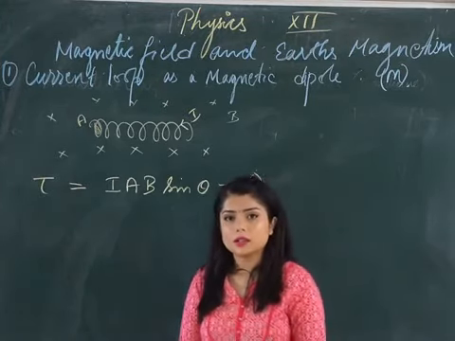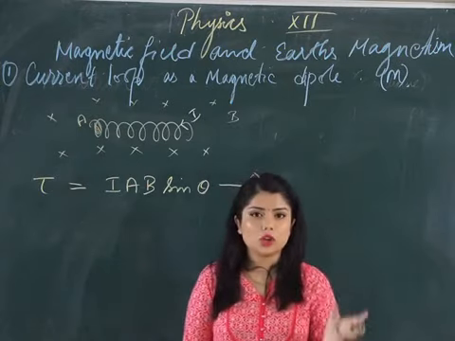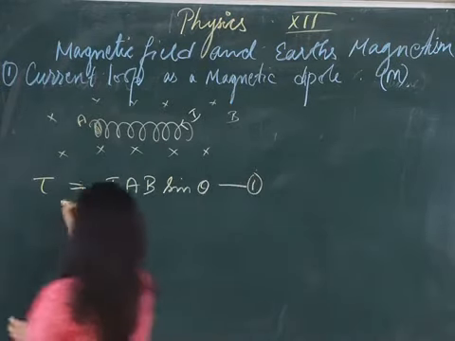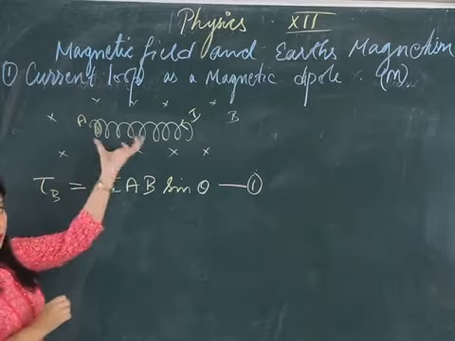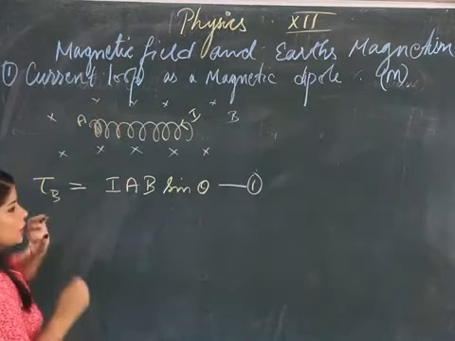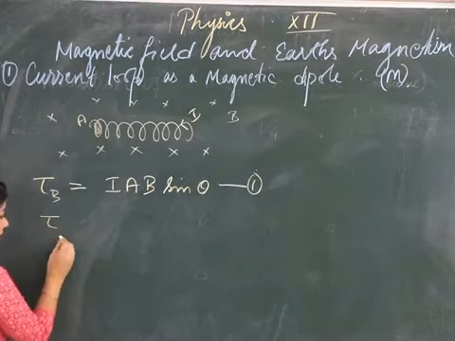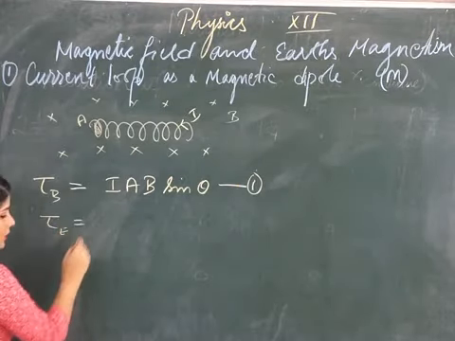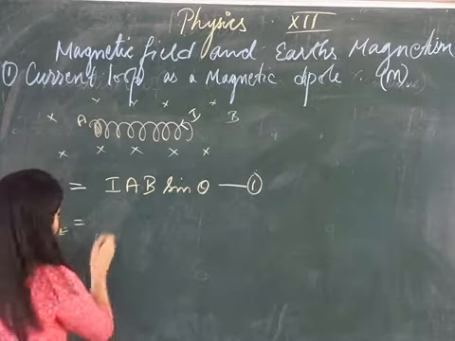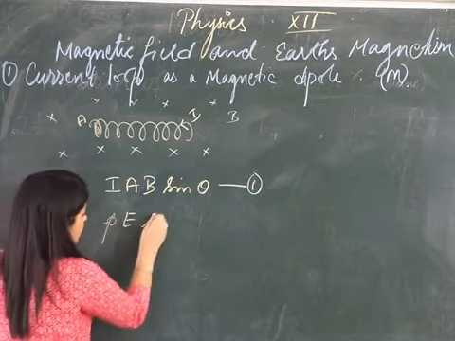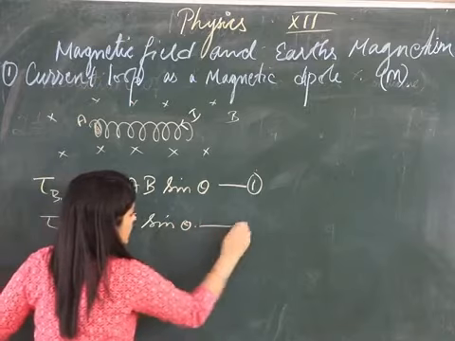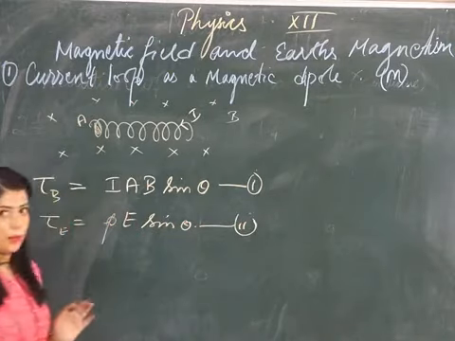So the equation of the torque was tau equals p E sine theta. Make it as equation number 2.